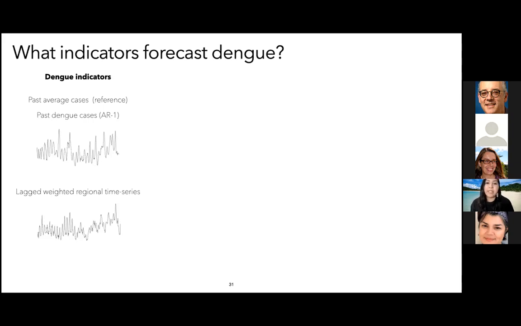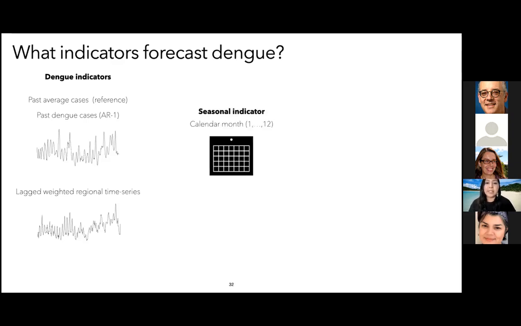And not only are we thinking about indicators at the local level, but also what do dengue patterns regionally tell us in terms of being able to predict dengue locally. So we created this variable that we're calling a lagged weighted regional time series, which is really an average time series across all of the locations in our data set and weighted by the population of those locations. And so that's what this time series looks like at the very bottom left.